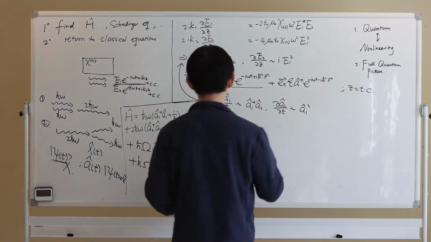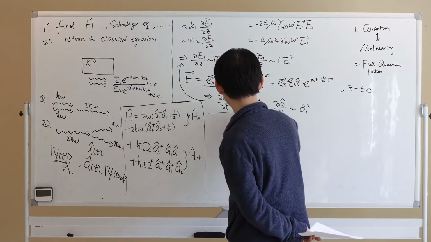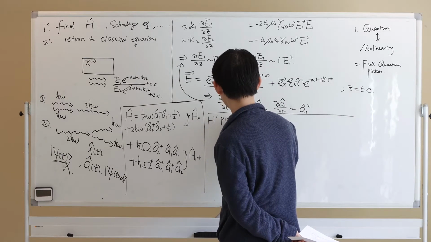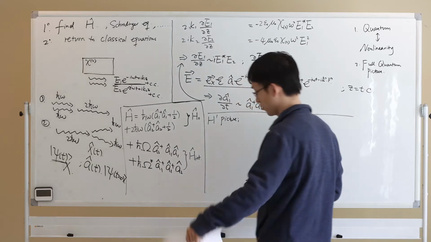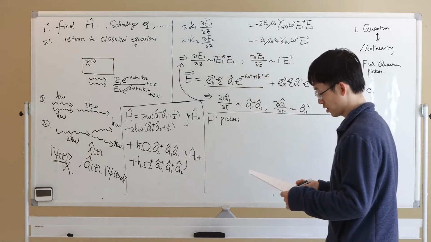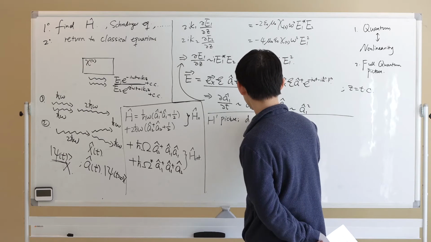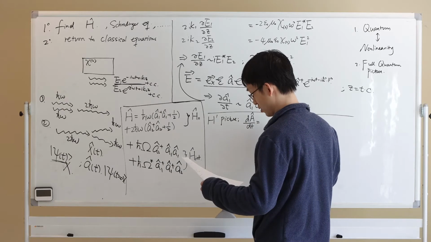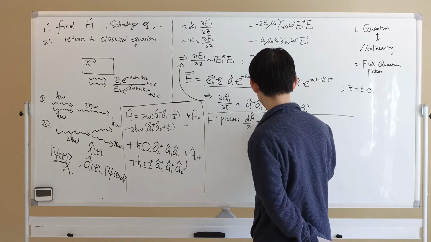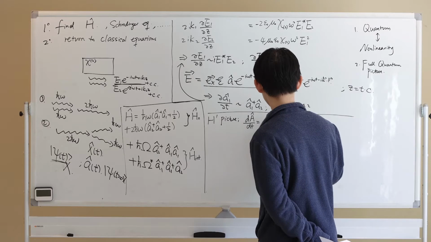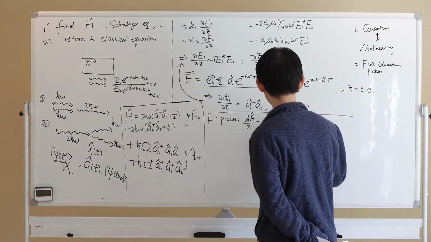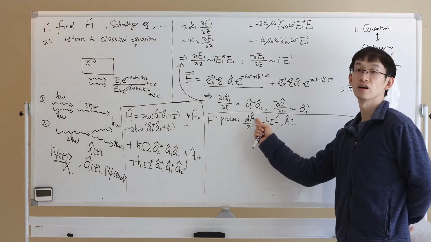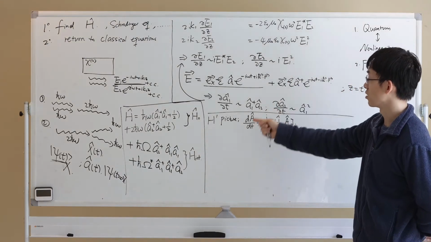So let's say in the Heisenberg picture. A few simple things we can have: if there's an operator A, then its time derivative is i over h bar times the commutator between H and A. When we write this down, we assume A does not have any time dependence as an operator itself.